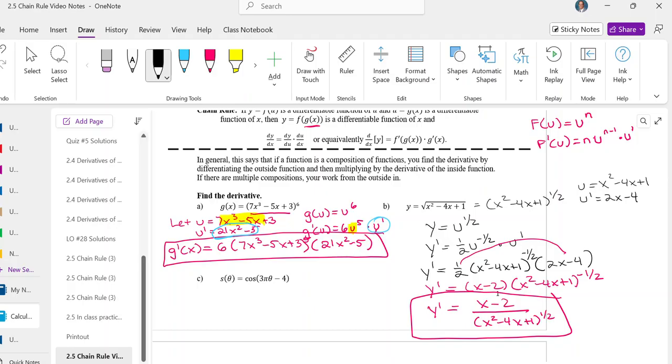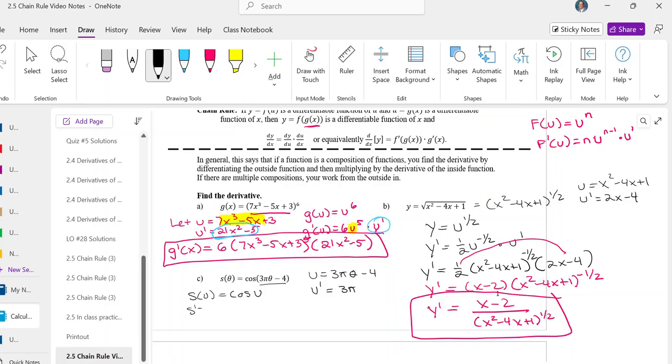So here, another example, here's the chain rule with trig functions. So notice inside the parentheses here, we'll say u equals 3 pi theta minus 4. So u prime is equal to 3 pi, because theta is the variable. So s of u is equal to cosine u.